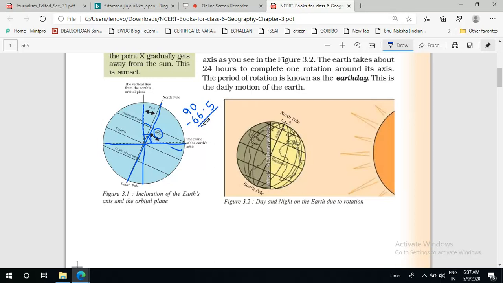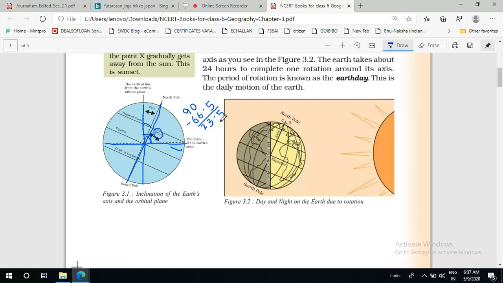Okay, so in this connection, you must remember that the axis is an imaginary line which is joining the North Pole to the South Pole. But the axis is not a straight line, but it is making an angle of 66.5 degrees with the orbital plane, because the Earth is tilted.